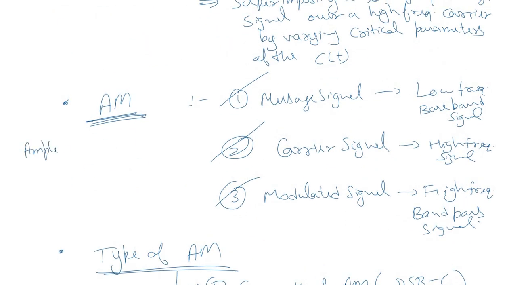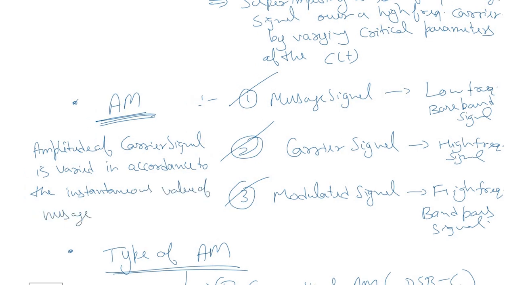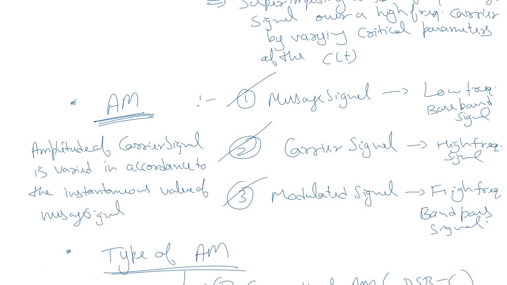The amplitude of the carrier signal is varied in accordance with the instantaneous value of the message signal. Okay, this is how we define an amplitude modulated signal: the amplitude of the carrier signal is varied in accordance with the instantaneous value of the message signal.